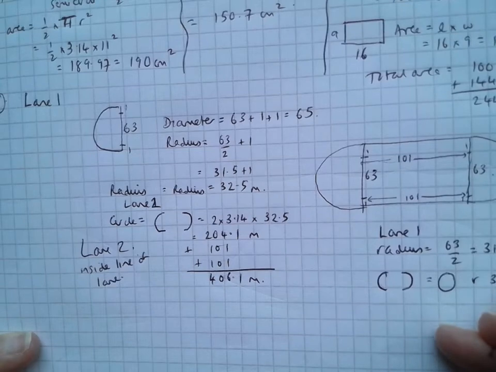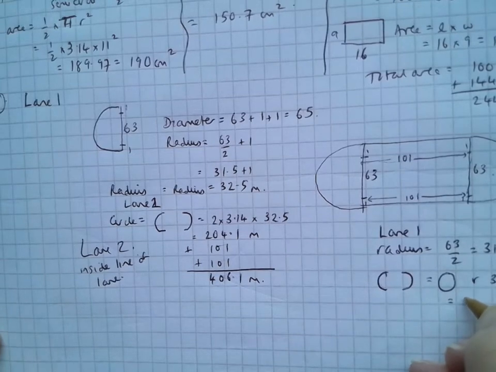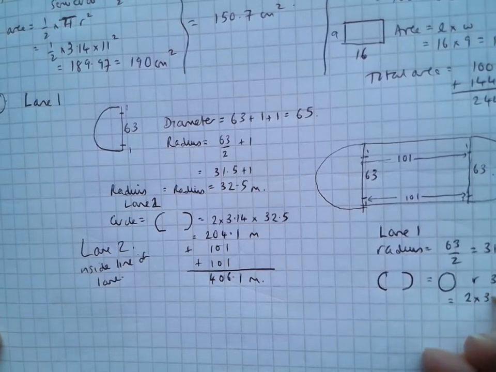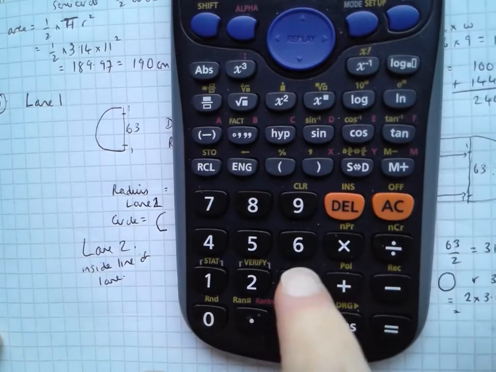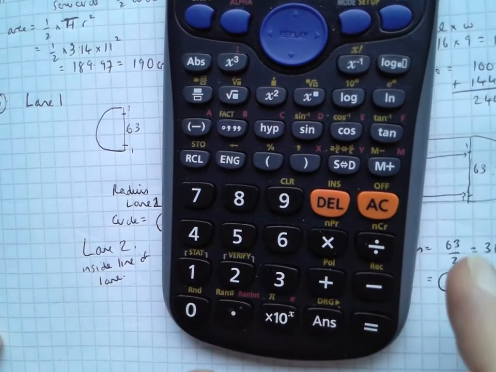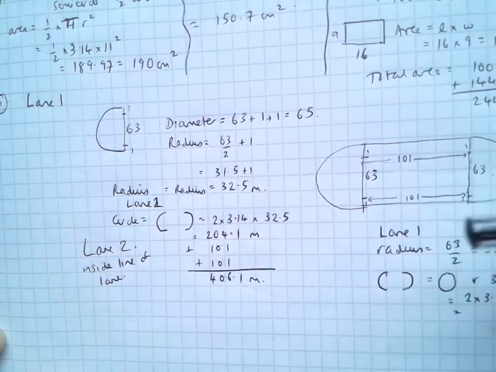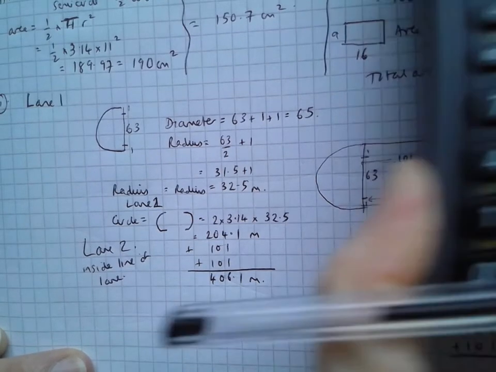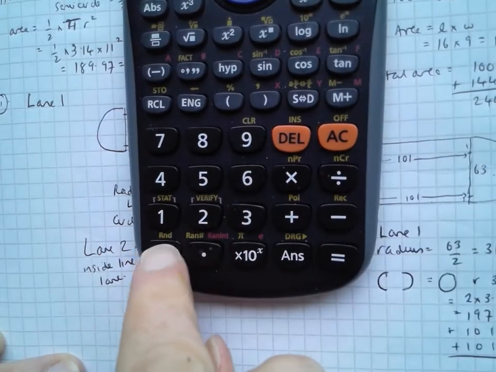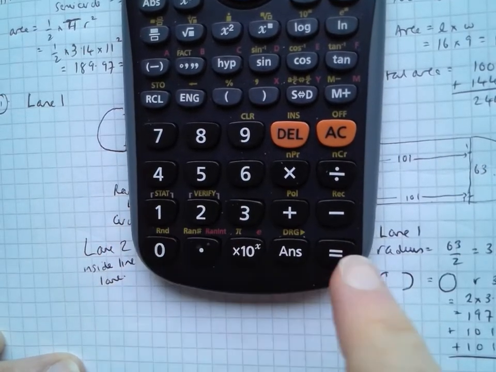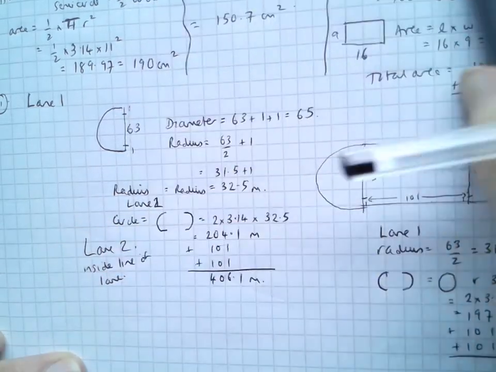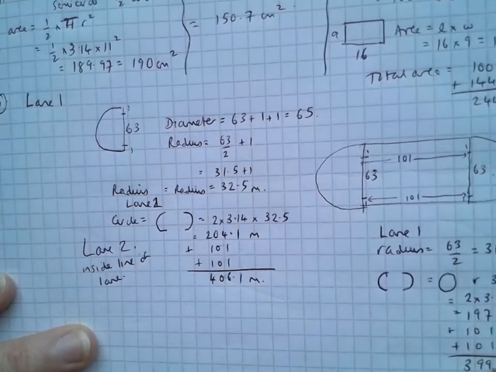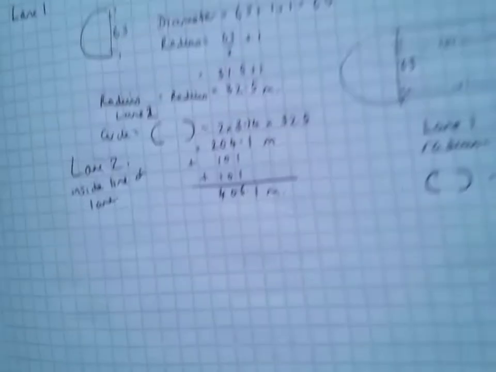So it's going to be 2 by 3.14 by 31.5, which equals 197.8, plus 101 plus 101 plus 101 plus 101 equals 399.8 meters. Sorry about that, 399.8.